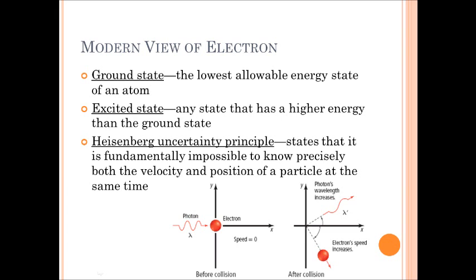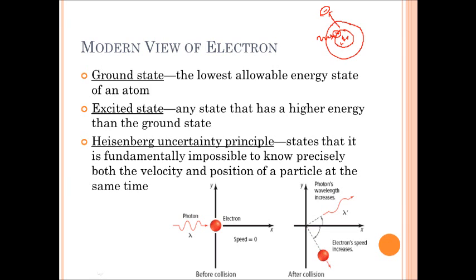So if we combine our views, we have our positively charged nucleus, and we think about the different energy levels. The ground state is going to be the lowest energy level where the electron's going to exist. At some point, it's going to get energy in the form of light, and it's going to jump up to a higher energy level.